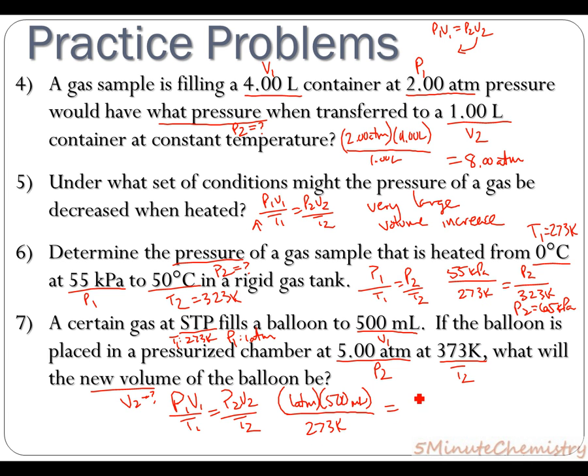And that's related to our P2 V2. So P2 was 5 atmospheres. The V2 is an unknown, so we'll just write that as V2. And that is divided by the T2, 373 Kelvin. So to do this math, we will once again cross multiply. It'll be 373 times 1 times 500, divided by 273, and divided by 5.